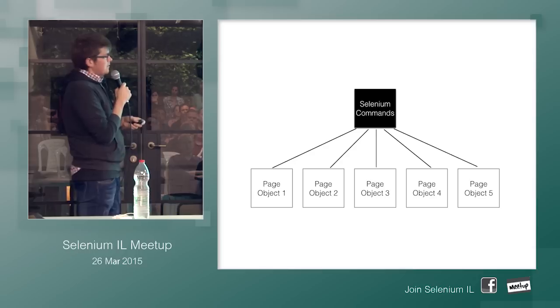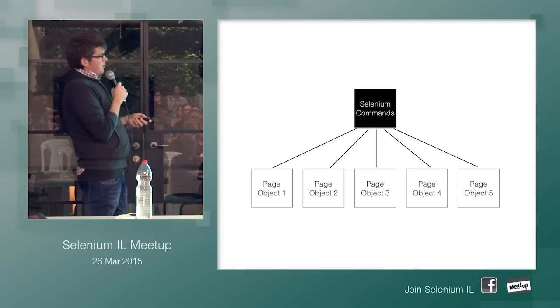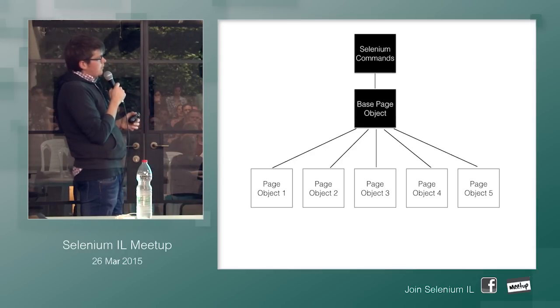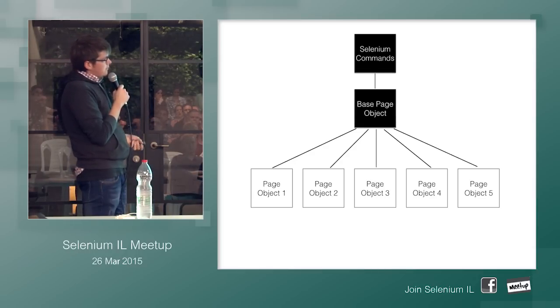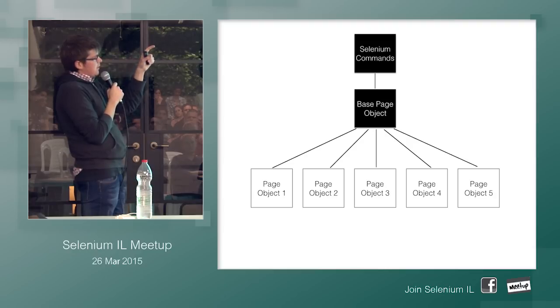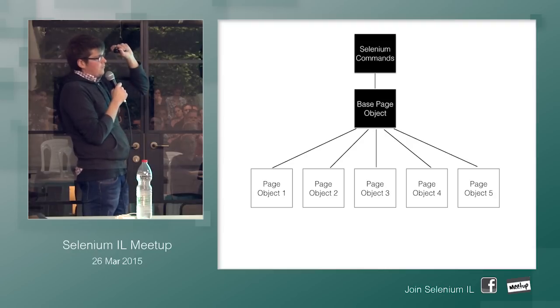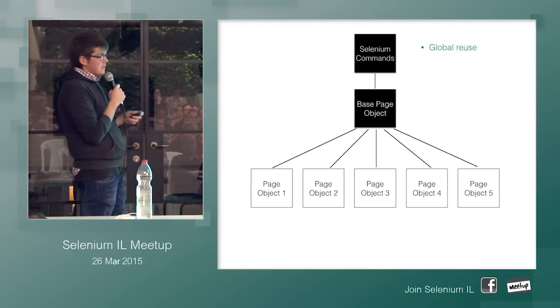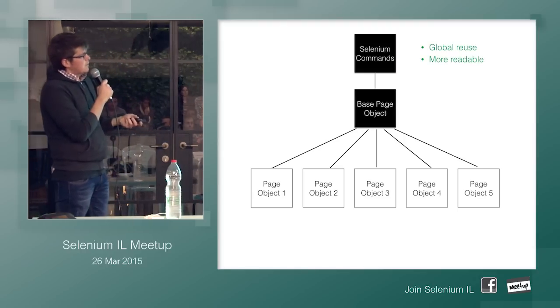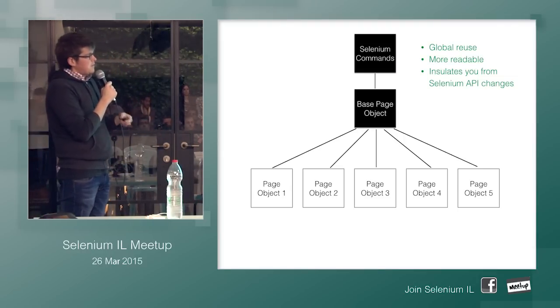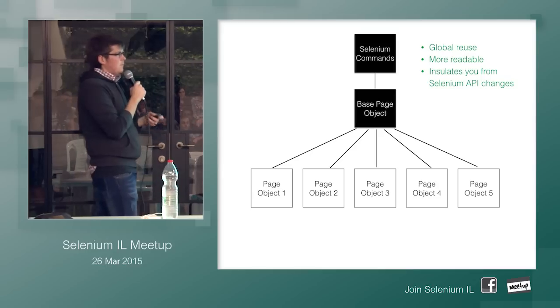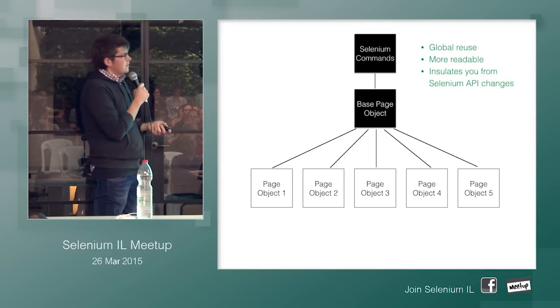So what we can do is create another abstraction layer. We can move all of our base commands into this base page, and then those would reference the Selenium commands directly. What this gets us is global reuse, and it insulates us from Selenium API changes, and additional readability, more so than what we had before in our tests.